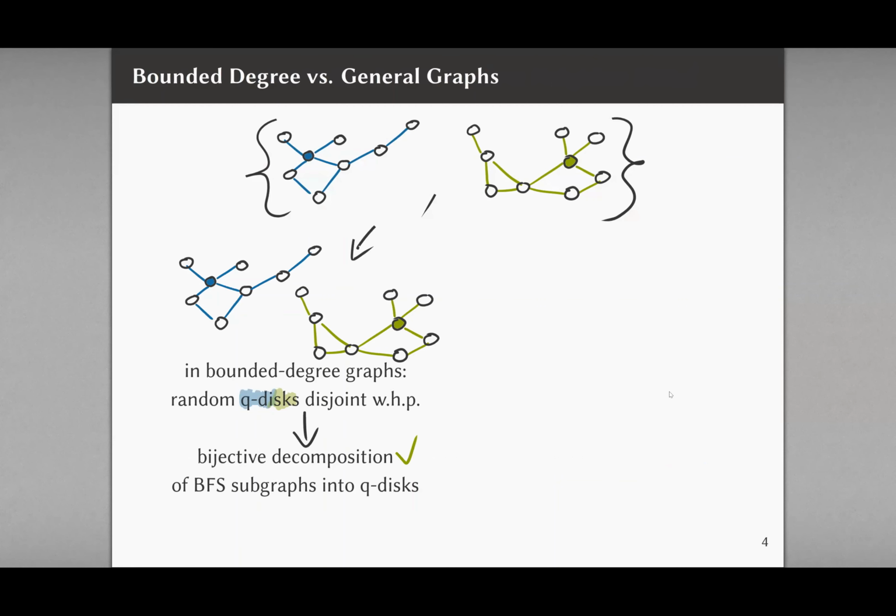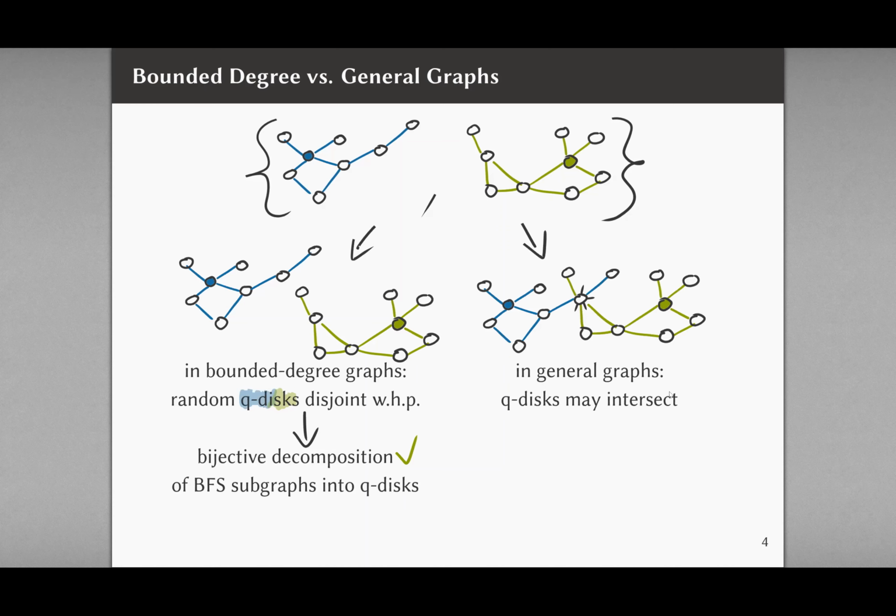So if you see 2 Q-disks, this basically gives you a bijective decomposition. You know, if I see these 2 Q-disks, then this will be the BFS I've explored. In general graphs, Q-disks may actually intersect because there are high degree vertices which have linear degree. So it's not clear whether, if you're just given 2 Q-disks, these result from 2 BFS which do not intersect, or if they result from 2 BFS which intersect. And that's basically the main difference between bounded degree and general graphs for constant query testers.